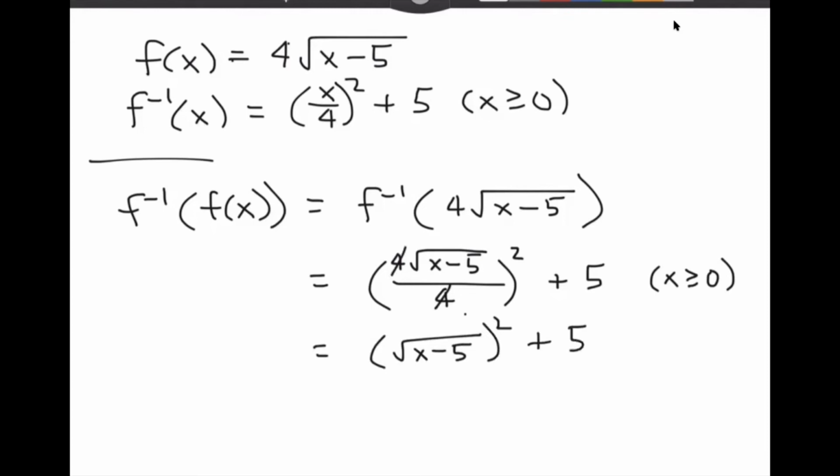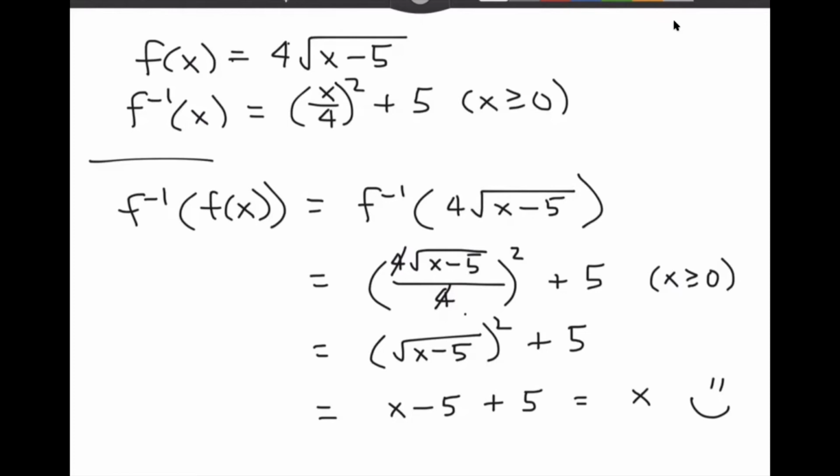The square root of x minus 5 squared is just x minus 5. And of course, when you add 5 to x minus 5, what do you get? You get x. Woohoo! All right, that is exactly what we were hoping for. If we had gotten anything else other than x, it would have meant something's wrong, okay?